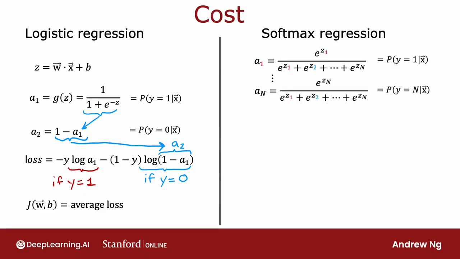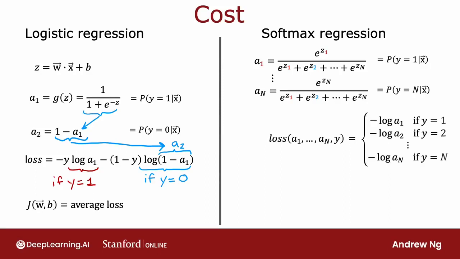Recall that these are the equations we use for softmax regression. The loss we're going to use is this. If the algorithm outputs a1 through an and the ground truth label is y, then if y equals 1, the loss is negative log a1, the negative log of the probability that it thought y was equal to 1. If y is equal to 2, then the loss is negative log a2.